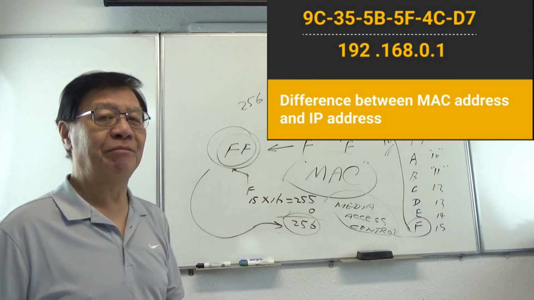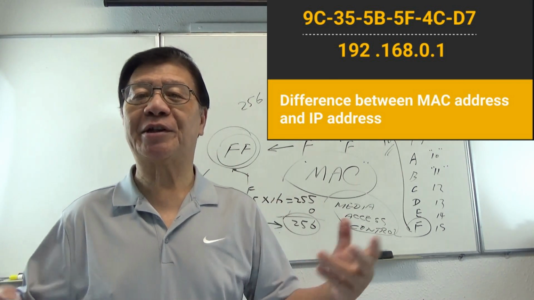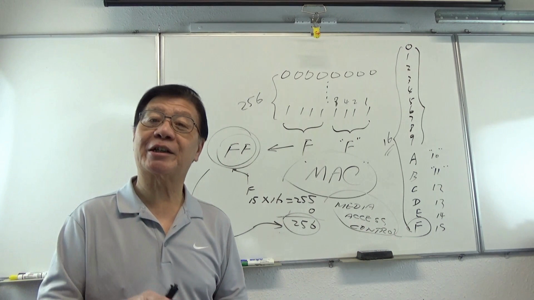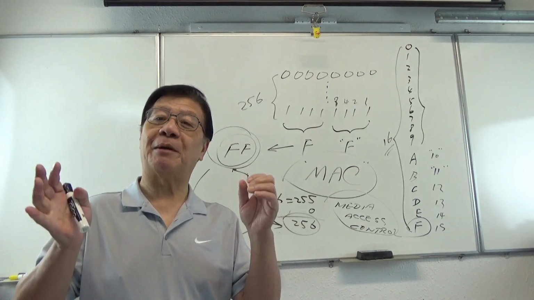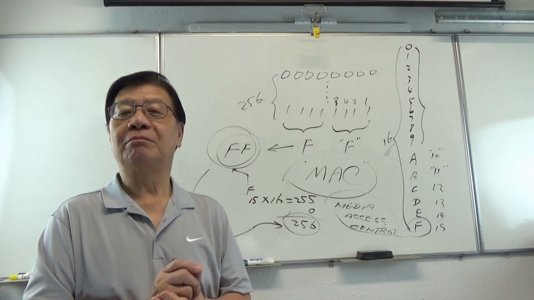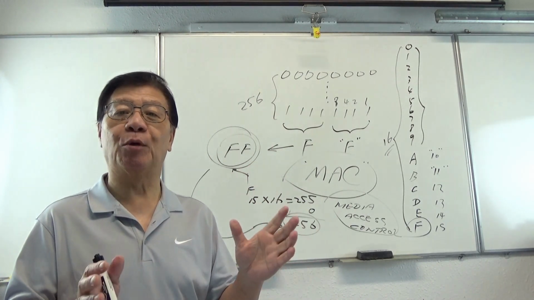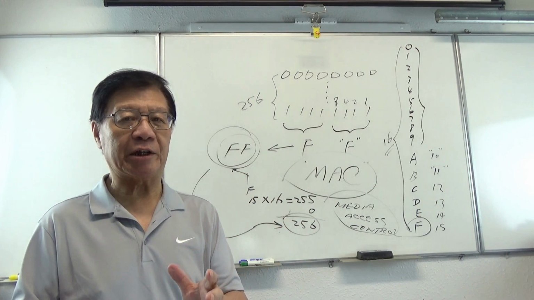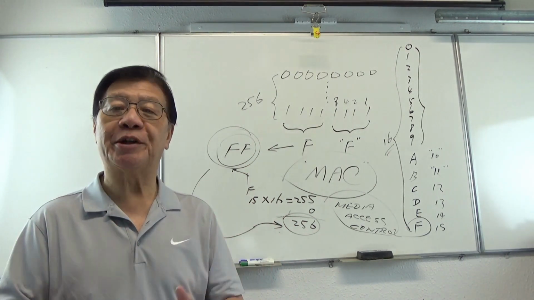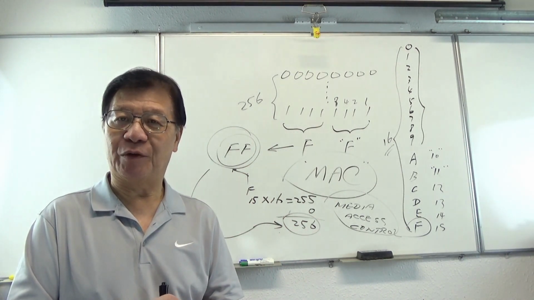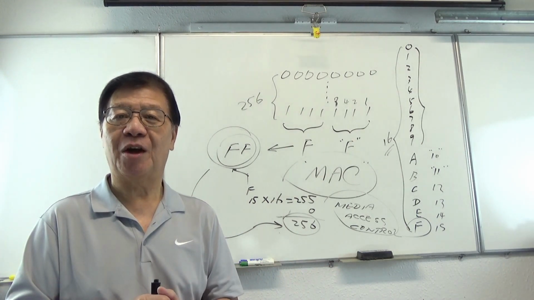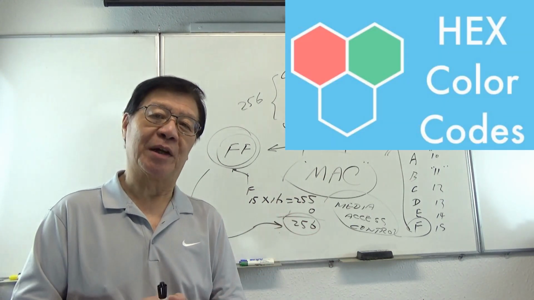I don't want to make this session too long. So next time, we're going to explain something about addressing, how people use the hexadecimal system to represent numbers for something very important. Also in color.